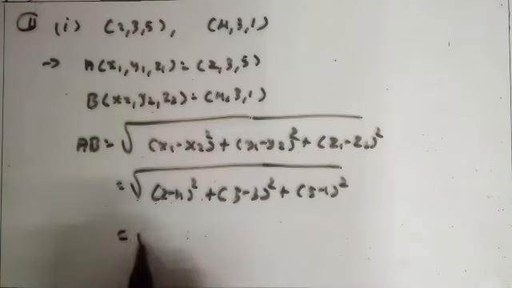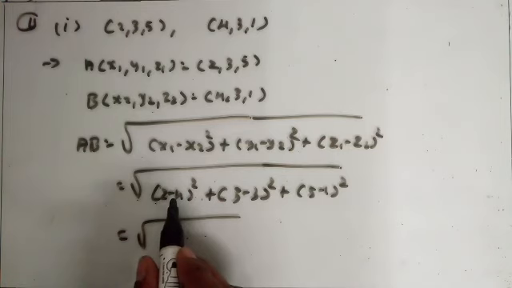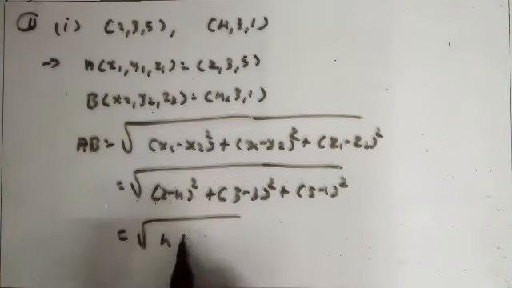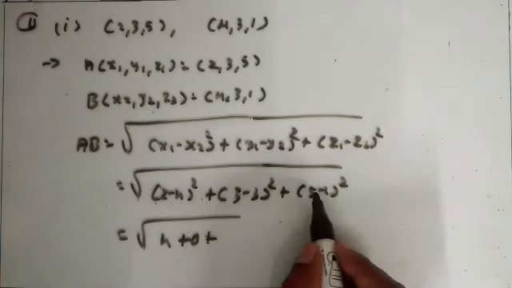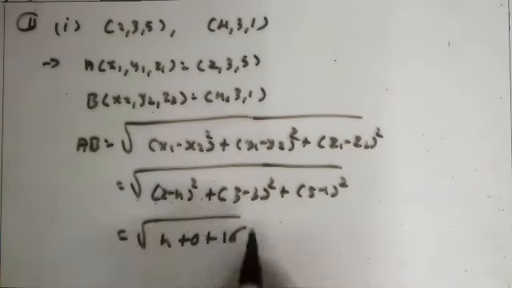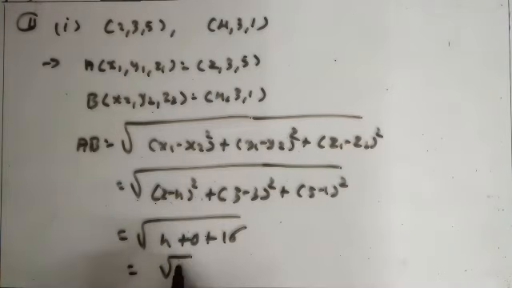Now simplify this. Here 2 minus 4 becomes minus 2 square is equal to 4. 3 minus 3, 0 square is equal to 0 plus 5 minus 1, that is 4 square is equal to 16. So is equal to square root of 20 and 20 is equal to 4 into 5. Square root of 4 is 2, so 2 root 5.